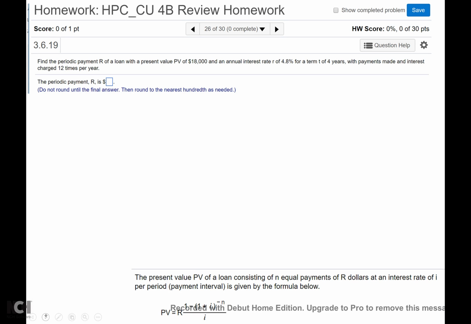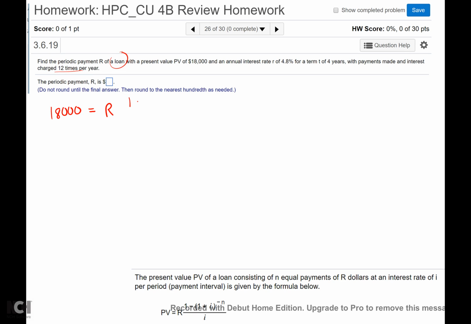Alright, find the periodic payment R of a loan with present value of $18,000, an annual interest rate of 4.8%, term of 4 years, payments made and interest charged 12 times a year. Alright, so it's a loan, okay, which means we're doing present value. So they give me the present value is $18,000 equals my periodic payment, that's what we're finding.